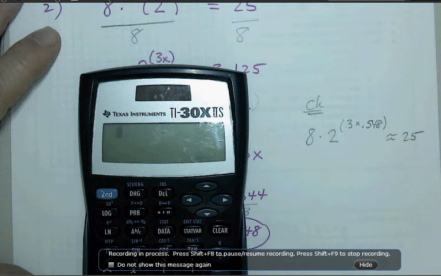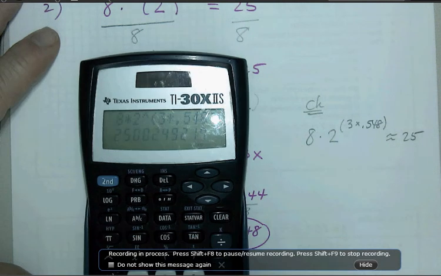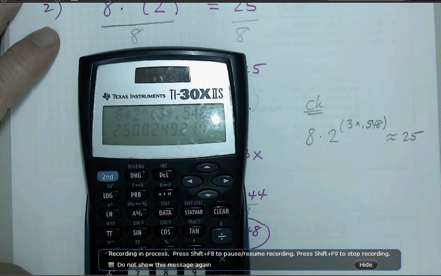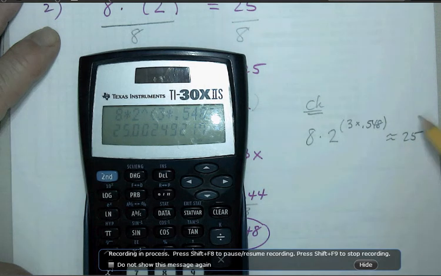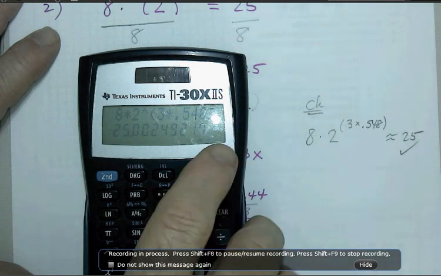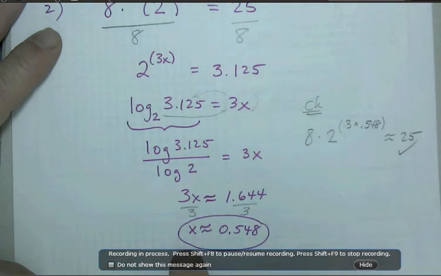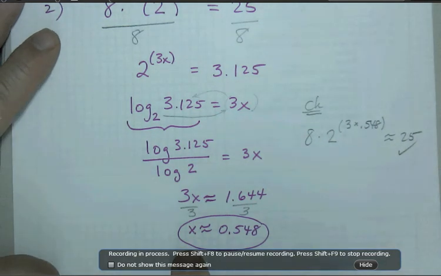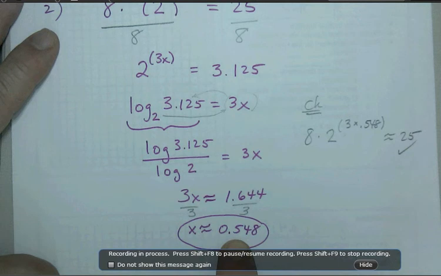So 8 times 2 raised to the parentheses 3 times 0.548. Yep, it comes out to be 25 basically. 25.002, pretty close. So I feel pretty good about that. So our answer here for x is about 0.548.